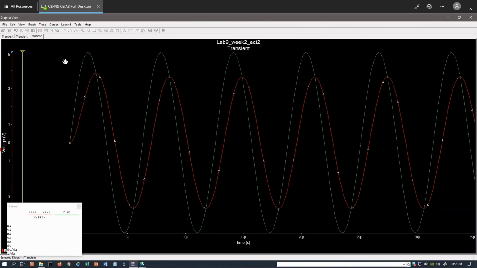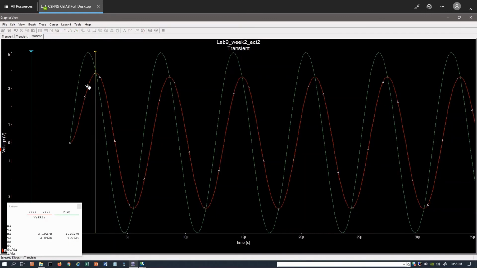We put one cursor at one peak, another cursor at the second peak. If we look at the difference in voltage, or in Y, you see the dy here is about 7.48. So this is the peak-to-peak voltage we're looking for if we're doing this in a real circuit using an oscilloscope.